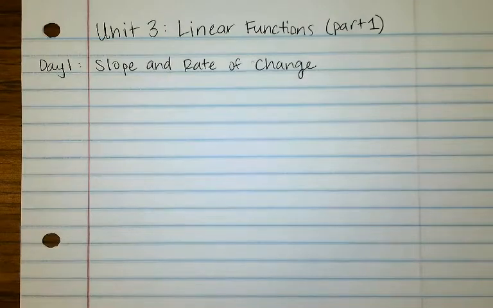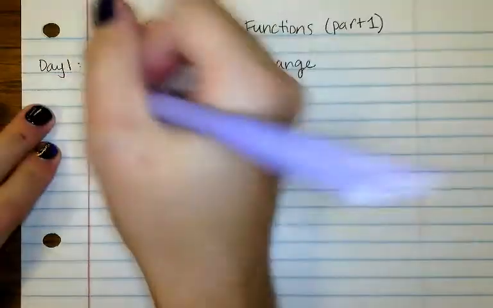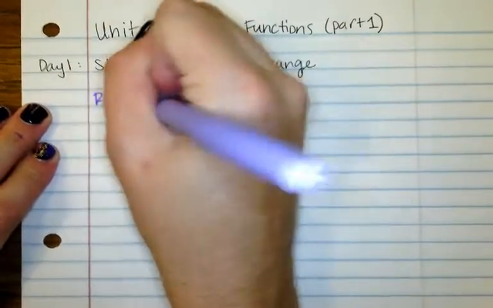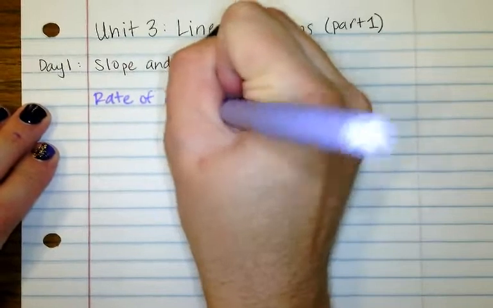Alright guys, so today we are starting our linear functions part 1 unit, and we are specifically talking about slope and rate of change. So guys, the rate of change, this is super important.